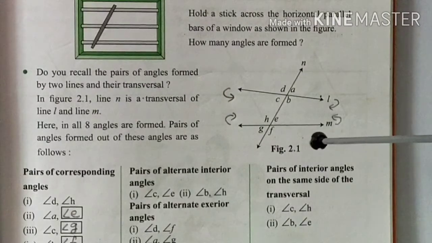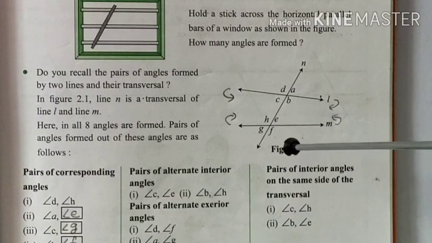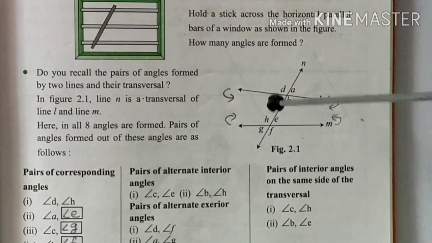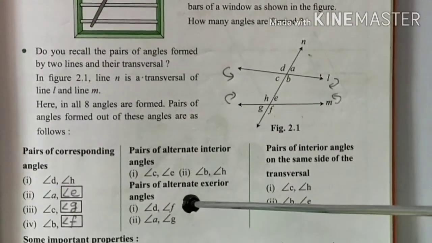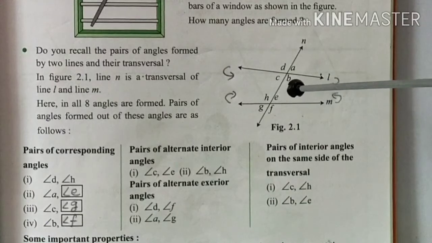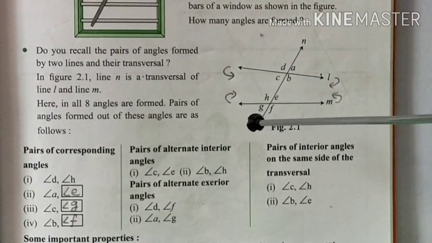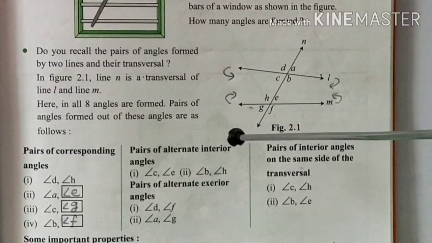So for D, here is F, on the right side of the transversal and outside the lines. So D and F is a pair of alternate exterior angles, and similarly we have angle A and angle G. What are they? Alternate exterior angles.